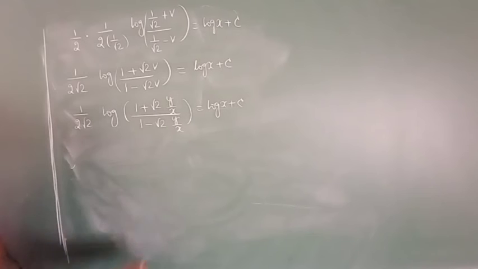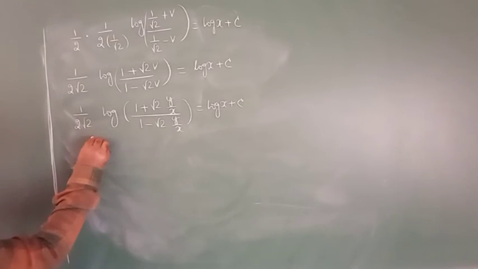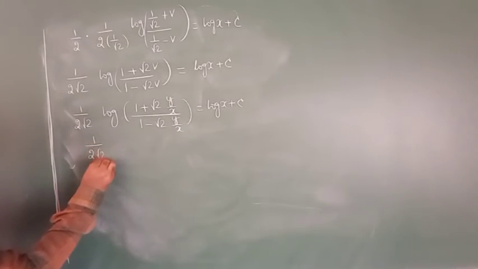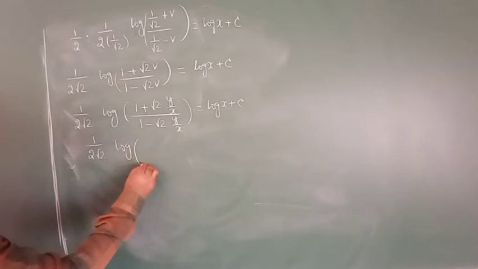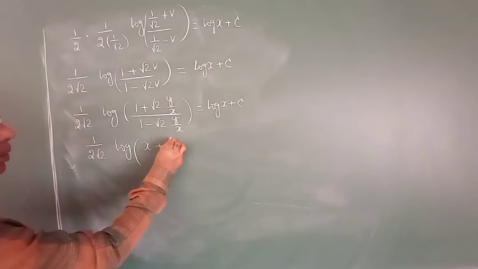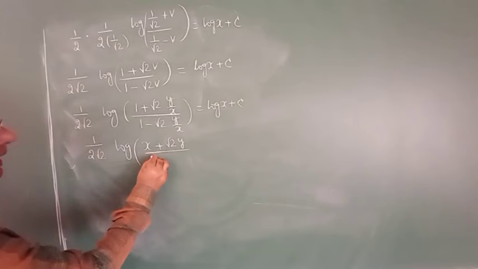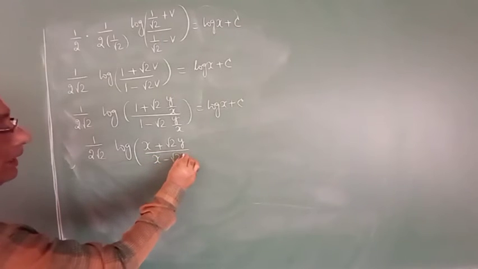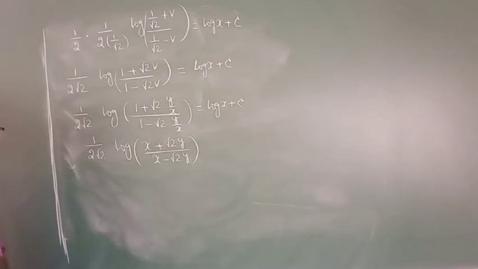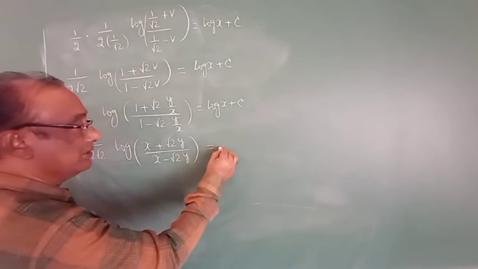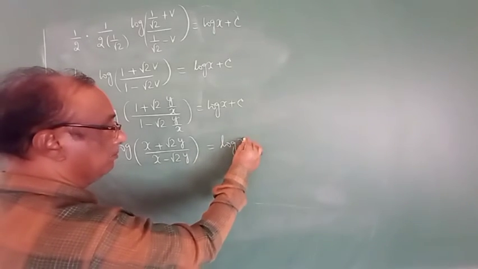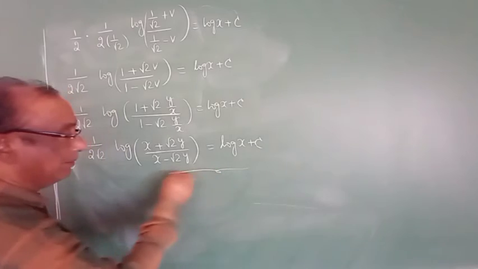Take the LCM x and cancel. 1 by 2 root 2 log of x plus root 2y by x minus root 2y, numerator x and denominator x cancelled, is equal to log x plus c. That is the required backside answer.